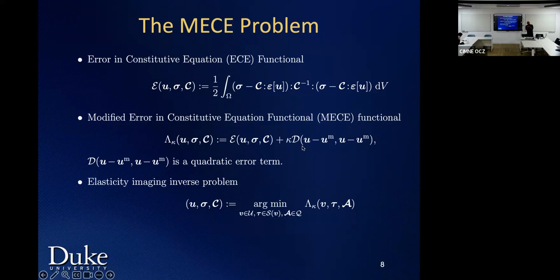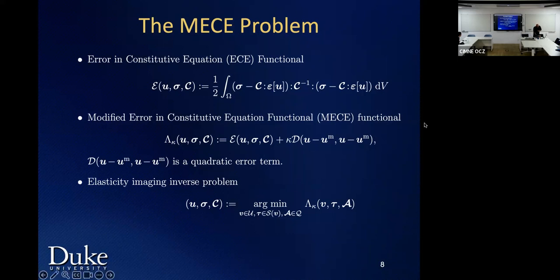That measures now the discrepancy of my observations. Here's where my data comes into play. And that kappa is just a user-defined parameter that's going to play a very important role, similar to the role of regularization in inverse problems.